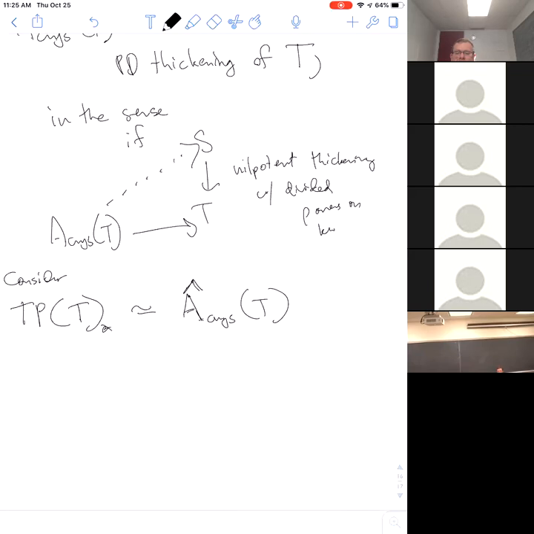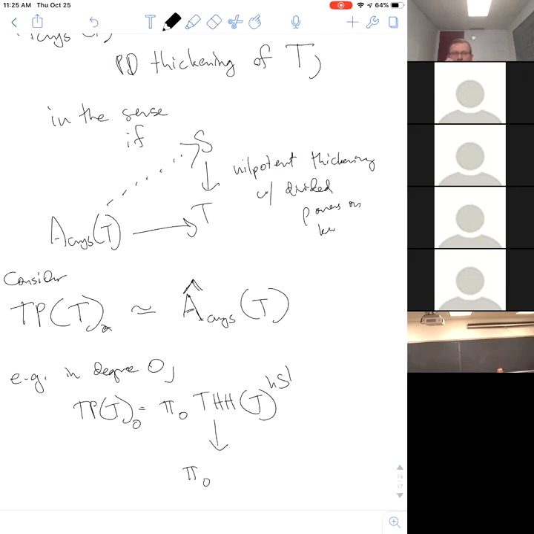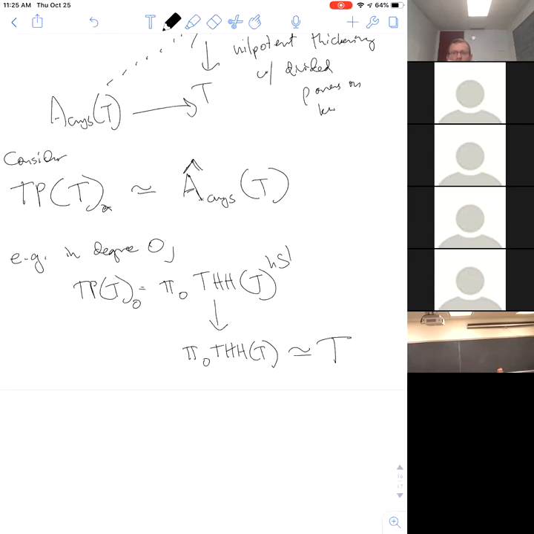Well, for example, in degree 0, maybe I should say something about this. In degree 0, TP of T is the same as pi 0 of THH of T S1 homotopy fixed points, which maps now to pi 0 of THH of T, just forgetting that it's an S1 homotopy fixed point, and this is the same thing as T. So whatever this ring TP_0 of T is, it maps back down to T, and then the argument is that this ring has divided powers.